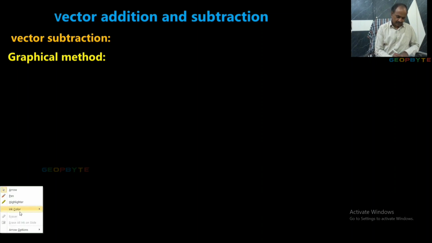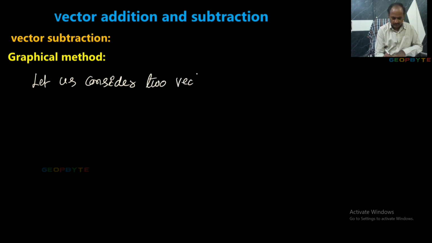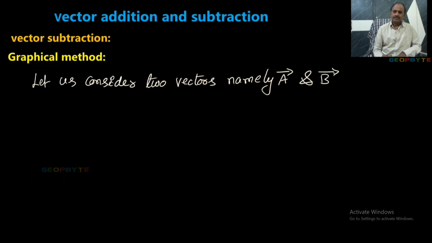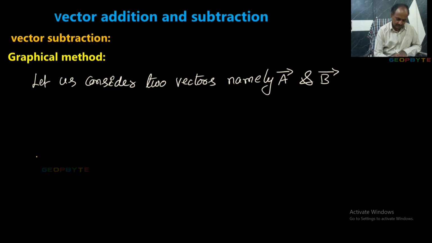Dear students, now let us discuss the vector subtraction. Okay. For that, let us consider two vectors, namely vector A and vector B. I want to find the difference between the vector A and vector B. For that, let me mark the vector A in this particular direction.